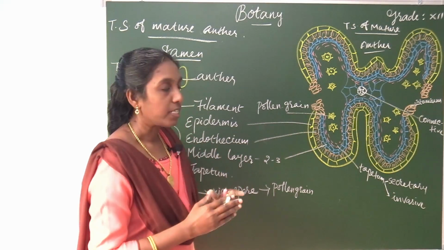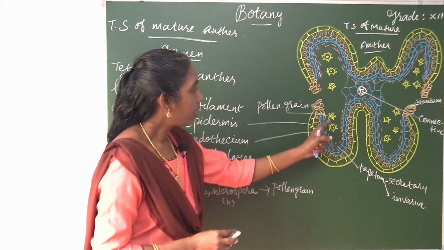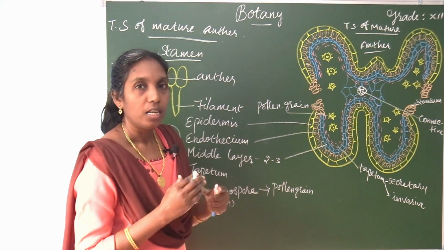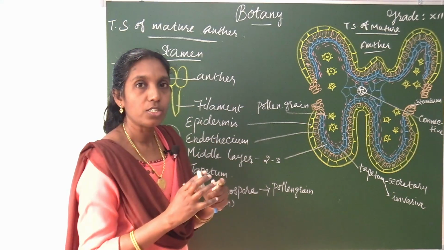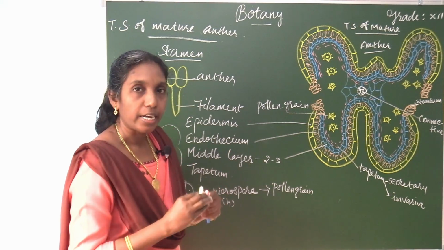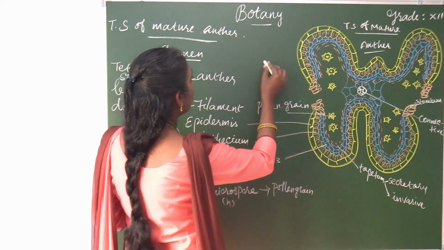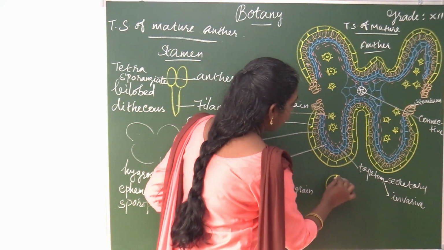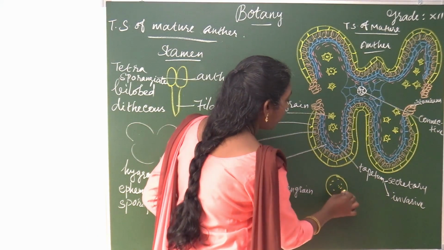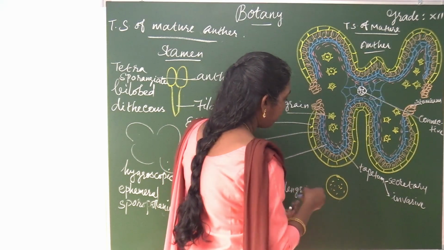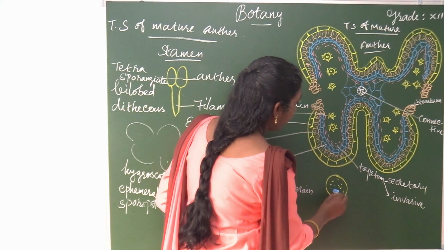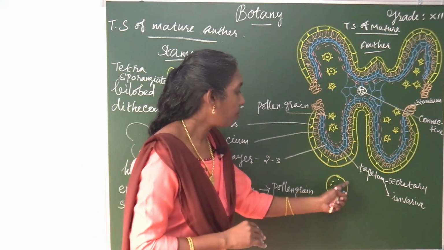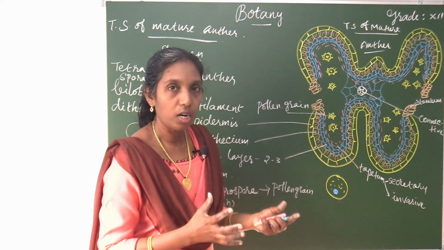The protoplast of the pollen grain consists of dense cytoplasm and a prominent nucleus. And this protoplast is surrounded by wall layers.